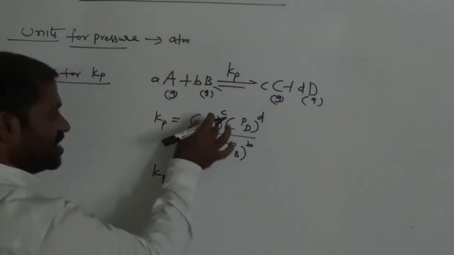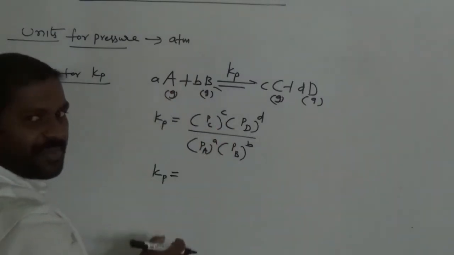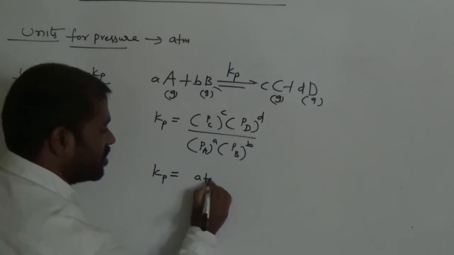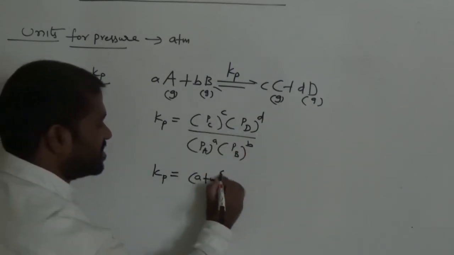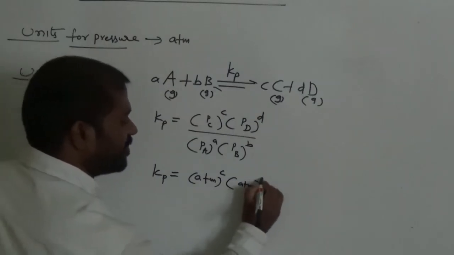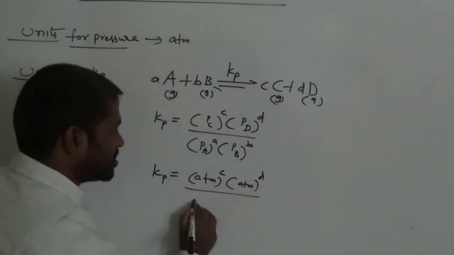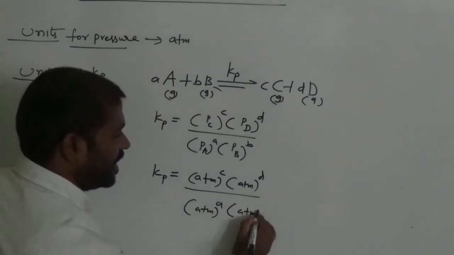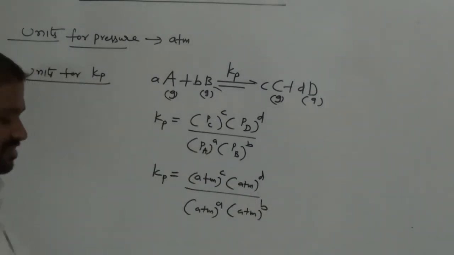Now tell me, Kp is equal to pressures, is it pressure or not? Pc is the pressure. What is the unit for pressure? atm. Keep it in the bracket, so atm to the power c. For this one also the unit is atm to the power d. This is also atm power a, atm power b.